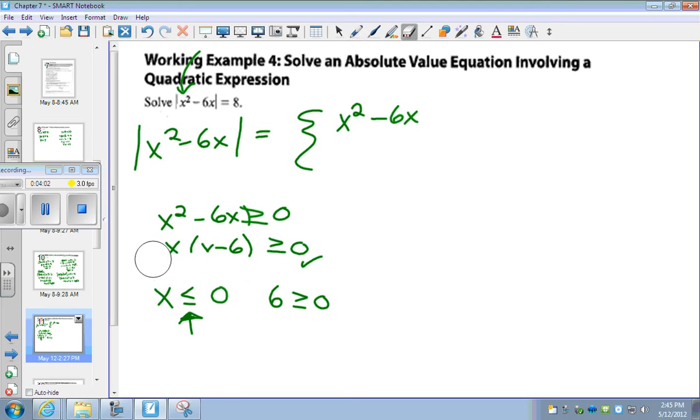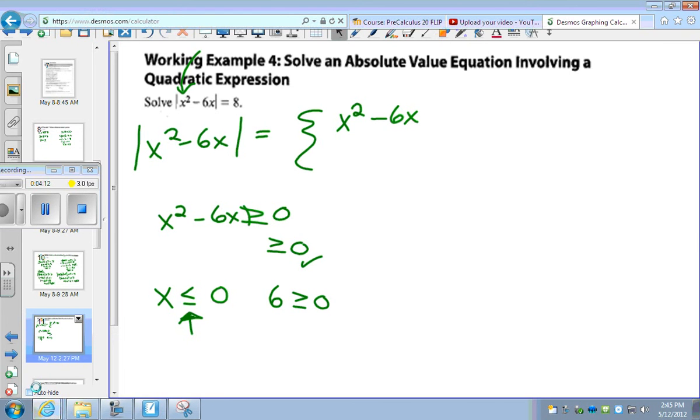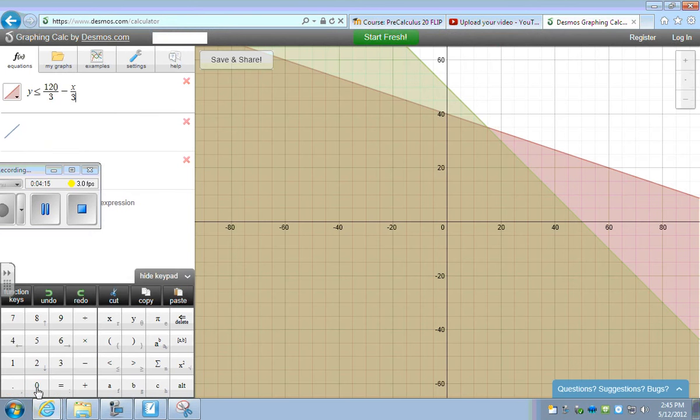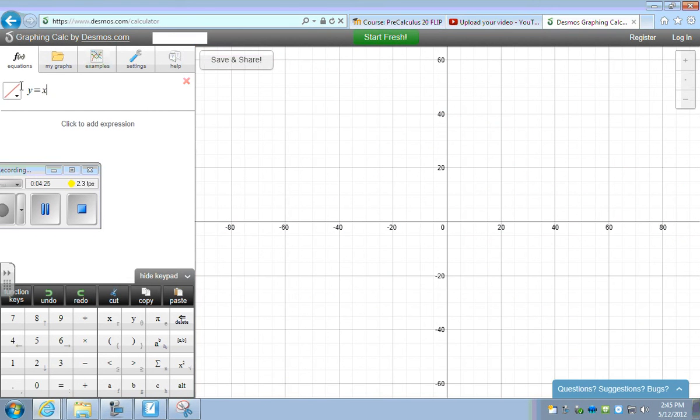So whenever that happens, actually probably the easiest way to do this is I would quickly graph x squared minus 6x. I would graph it here, y is equal to x squared minus 6x.